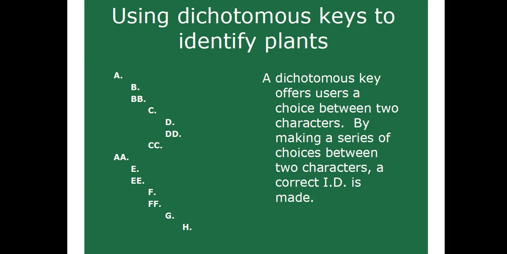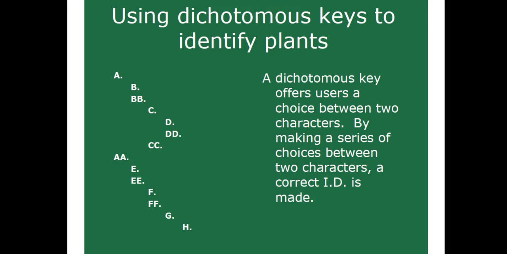Finally, we'll talk about using dichotomous keys to identify plants. And a dichotomous key is basically kind of like a choose-your-own-adventure of plant identification. It offers us, the user, a choice between two characters.